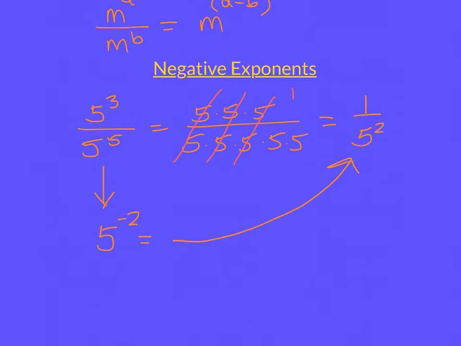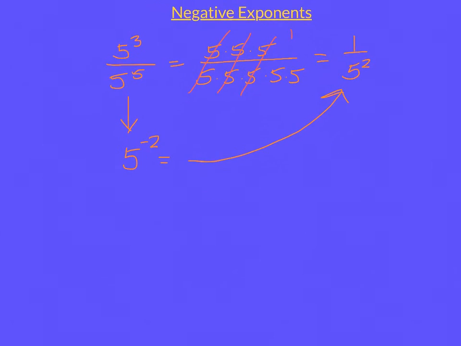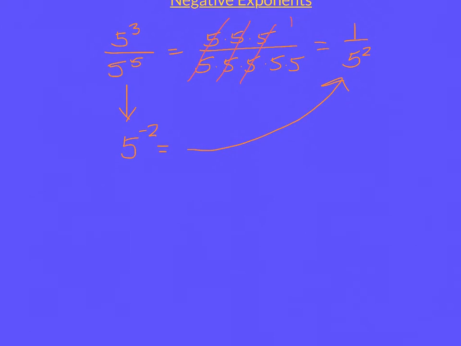Now what happens if you have a negative exponent already in the denominator? So let me try another example here. If I had, say, 4 over 4 to the negative 3. If I wrote that out, I have 4 on the top, and that negative exponent on the bottom says, bring that down to a denominator and keep that exponent.